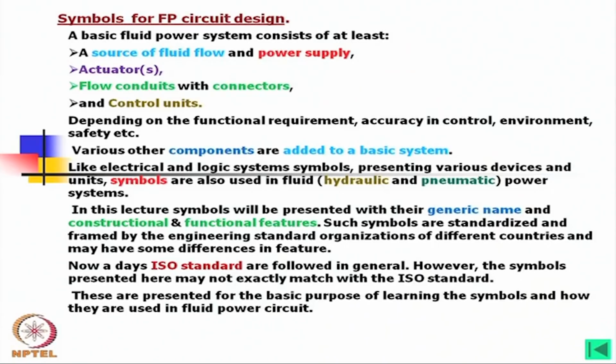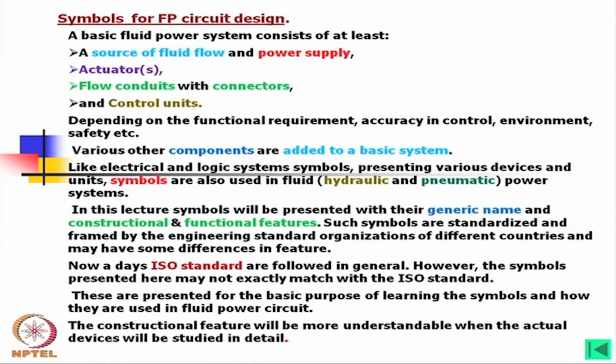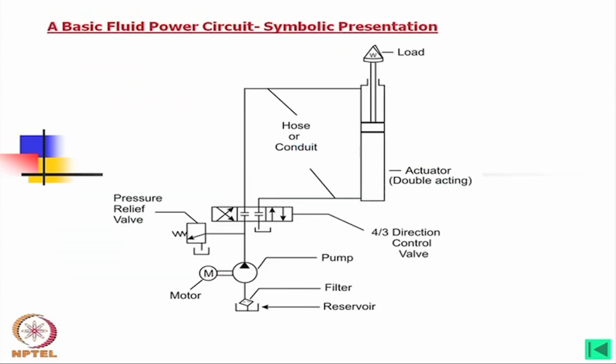And these ISO standards are based on the standards already being used in different countries. The constructional feature will be more understandable when the actual devices are studied in detail.